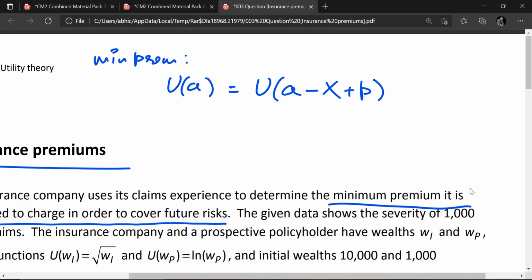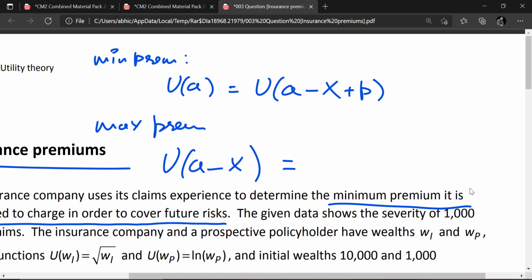The P which solves it is the minimum premium. The maximum premium that the insured, the policyholder, is willing to pay can be found as follows. If A is the wealth of the insured, then the utility with insurance and without insurance should be equal. Without insurance, they have an initial wealth of A and a loss of X, and that should equal their utility with insurance.